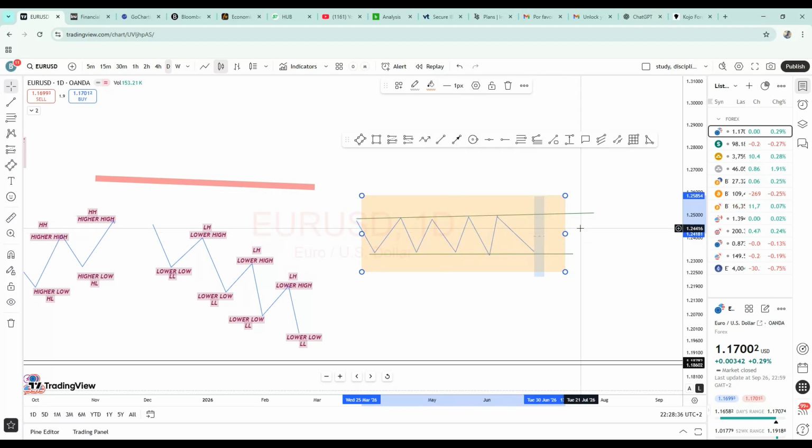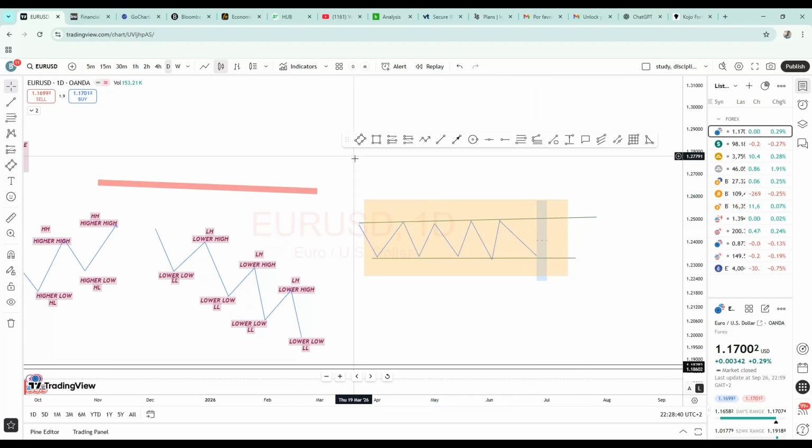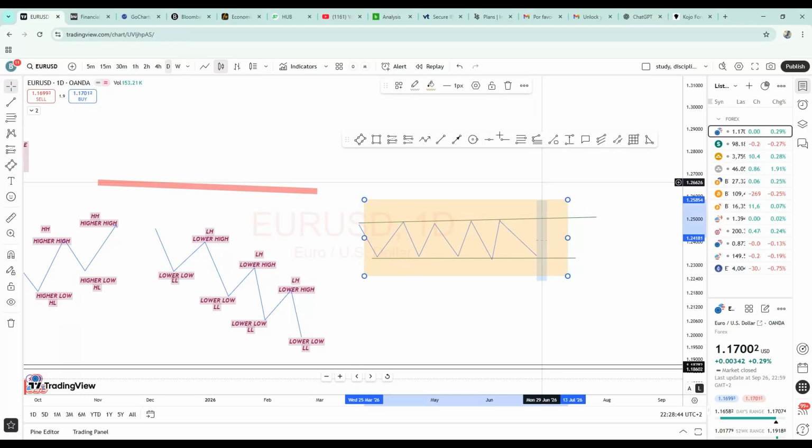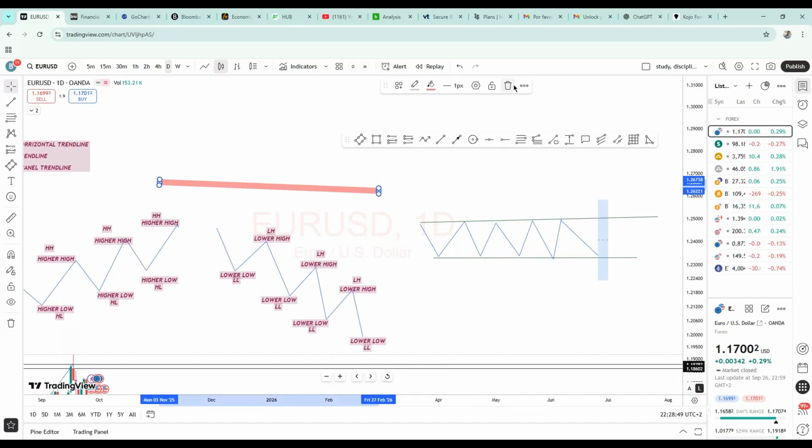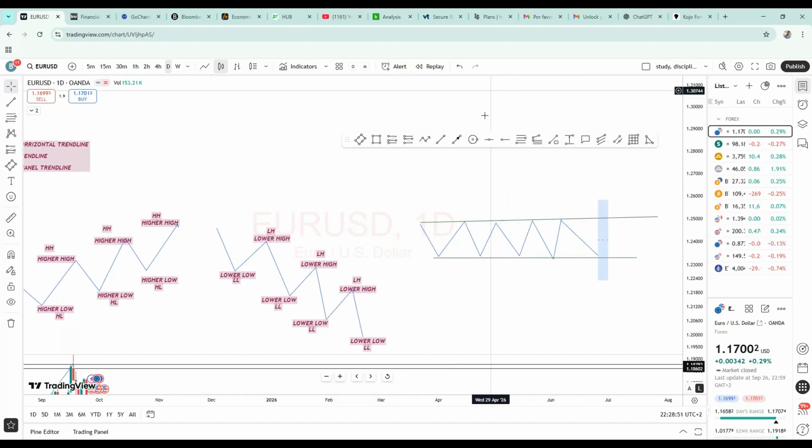Any tool that you select, you can customize to your taste. It doesn't matter that you should keep using the same color. All right, you can customize it to your taste.